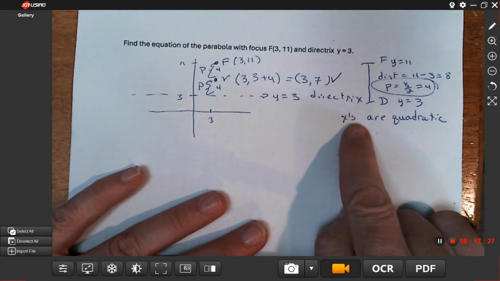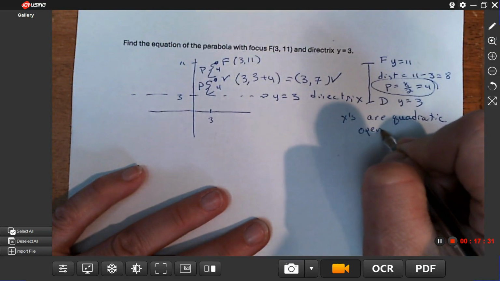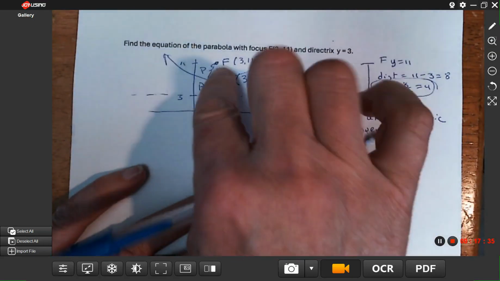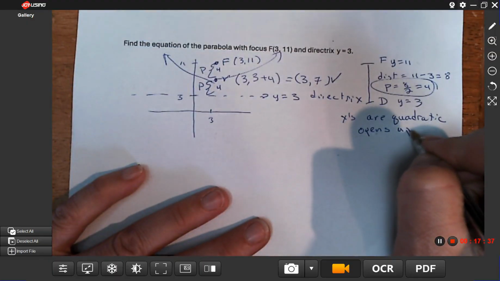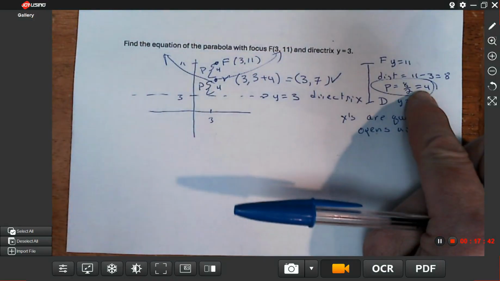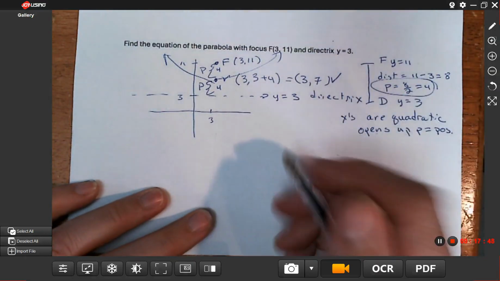Okay. And it opens up. Since it opens up, I know that because of my graph here, because the focus is above. p is going to be positive, because I found p just by counting distances, so I really have to think about whether p really should be positive or negative. So it should be positive.